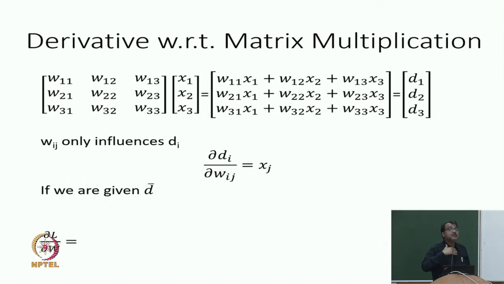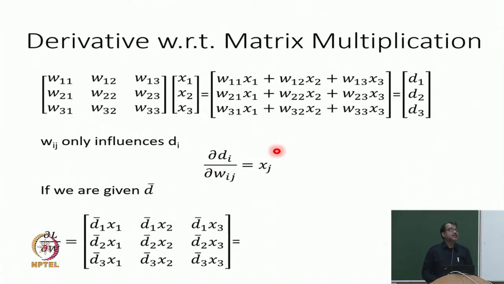Which d bar? D1 bar, D2 bar, D3 bar? D2 bar, because look, W21 is only influencing D2, right? So, only D2 bar will flow back, and it would be multiplied with x1, because that's the derivative that we have just computed, which is the local derivative. So, basically I will get an expression like this.